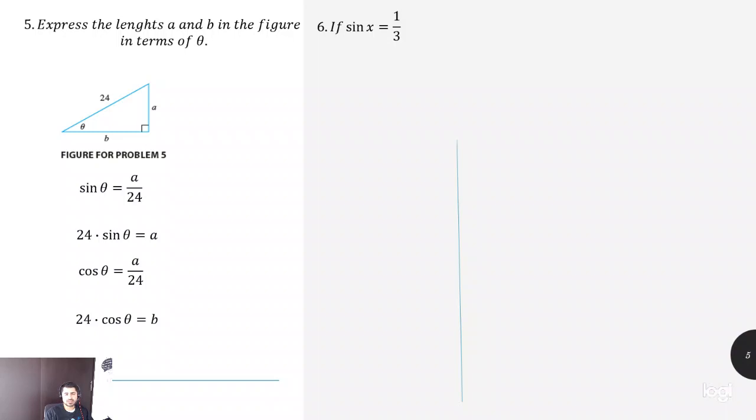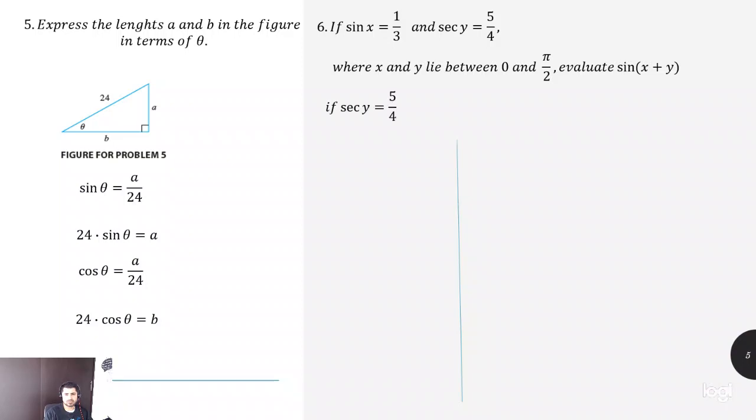Number 6, if sin x is equal to 1/3 and sec y is equal to 5/4, where x and y lie between 0 and pi over 2, evaluate sin(x plus y).